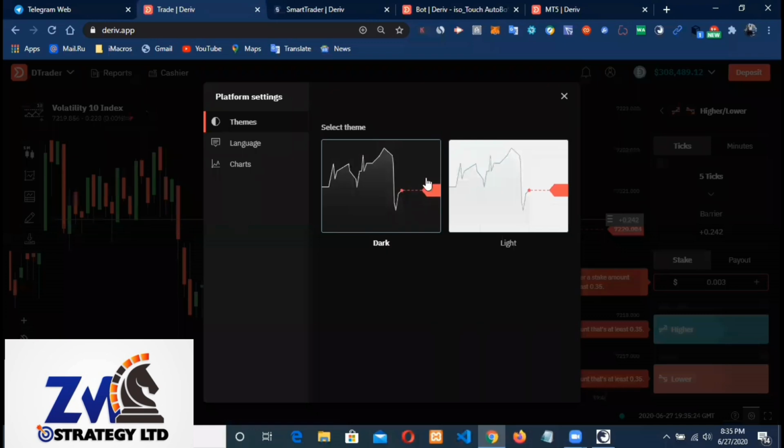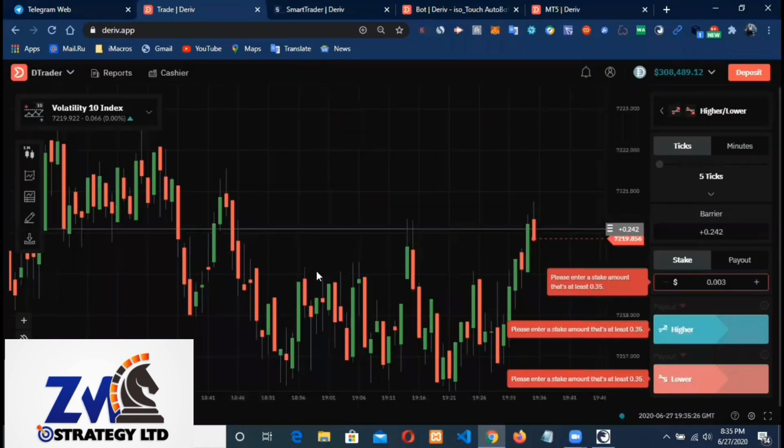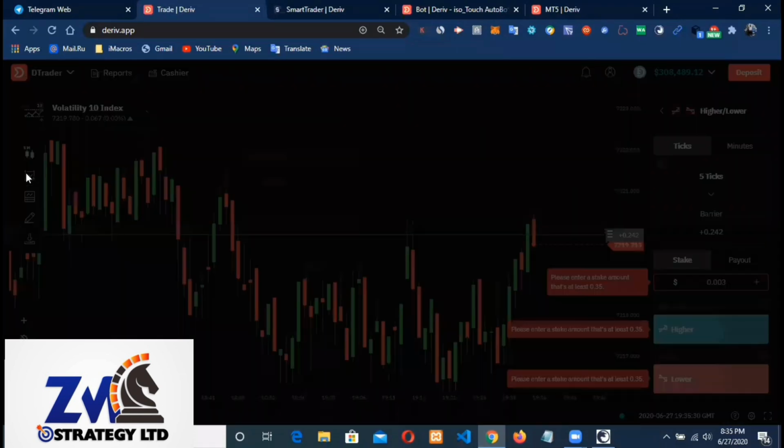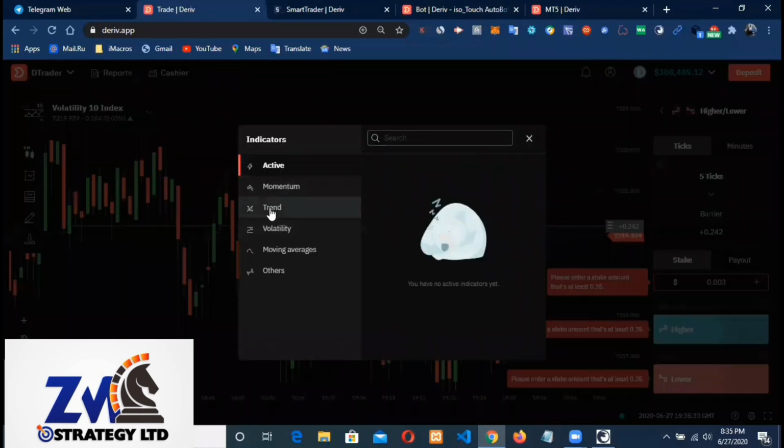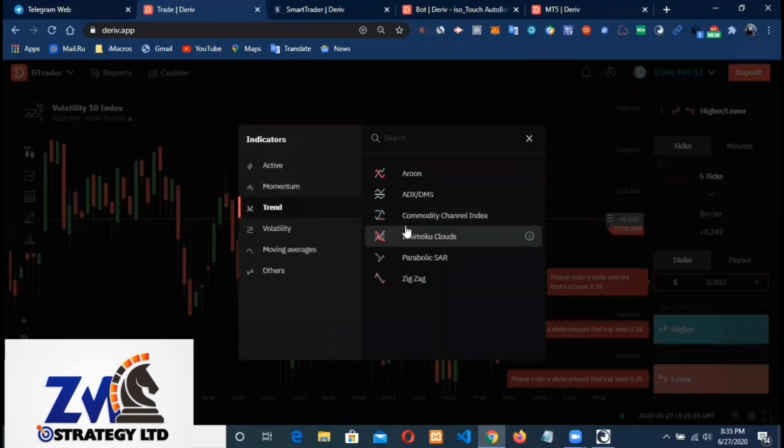What I mean is that let me use a black background. So here it is. Now let me say we are making use of moving average. Let's go to indicator. Maybe I'm making use of moving average on the trend side.